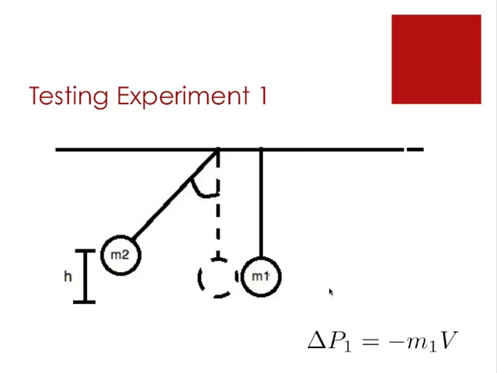Therefore, it has a momentum m1 times v, which is the momentum right before it collides. But after it collides, it stops. So 0 minus a positive number is a negative number. So the change in momentum 1, which is proportional to the force, is negative m1 times v.